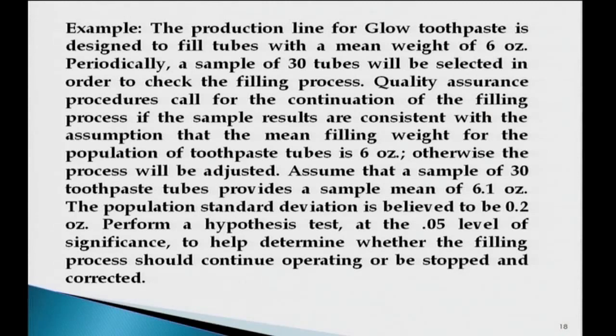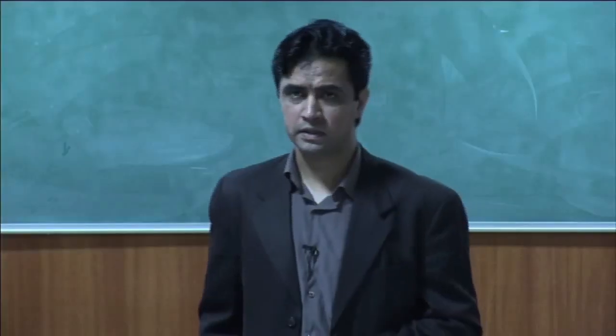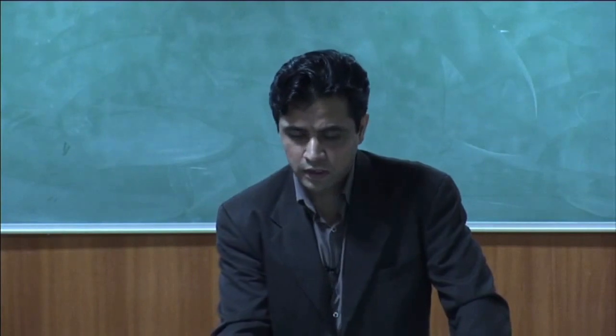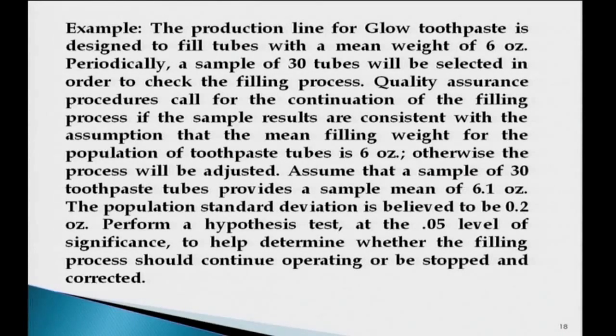So, we have just taken one sample, and the other information is about the population itself. So, just one sample is withdrawn. The requirement is whether that sample represents the population or not. So, that will come under single sample mean test. Had there been 2 samples drawn, then that would have come under the hypothesis testing of difference of means of those 2 samples. I hope that is clear.